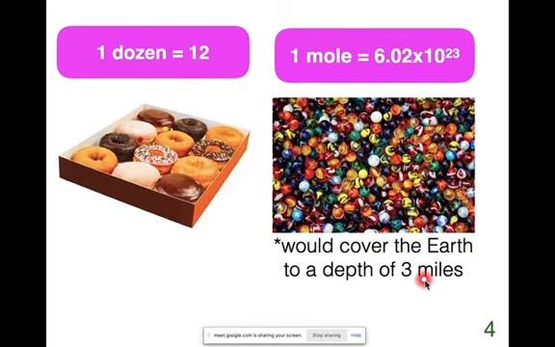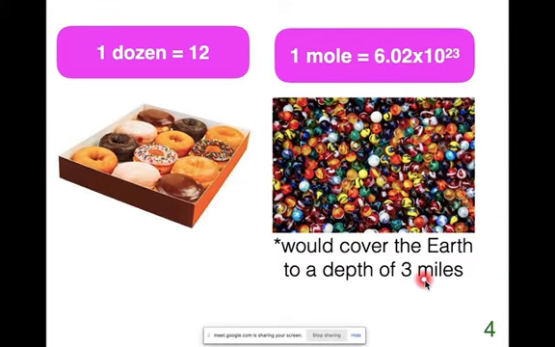Let me give you another little visual here. I have some green water. I just put some food coloring in it. I'm going to pour in this beaker about 18 milliliters of water, which is 18 grams of water. And that is 1 mole of water, which should give you pause that you have that many molecules in here. Imagine this.